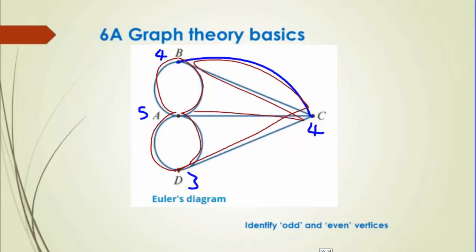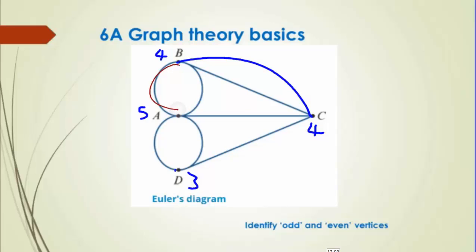So remember that, starting at D, we can trace it. Clear that off. Try starting at B. No, we're missing A to D on the right hand side of that circle. So yes, we could start at D, but no, we couldn't start at B.